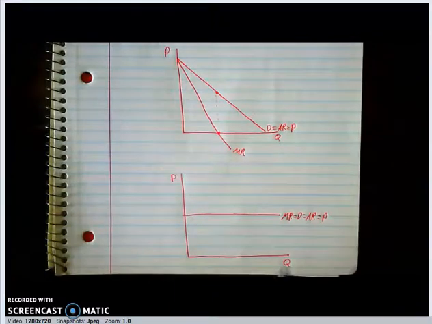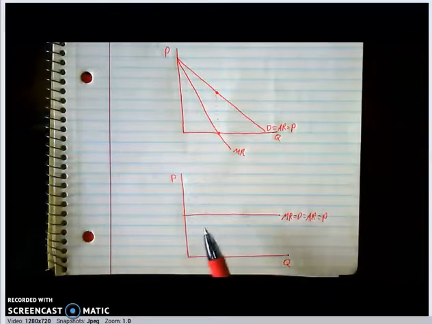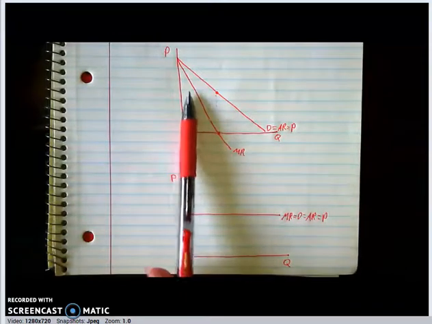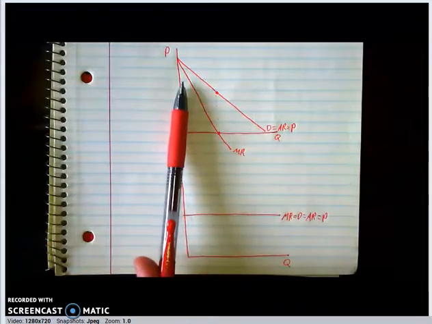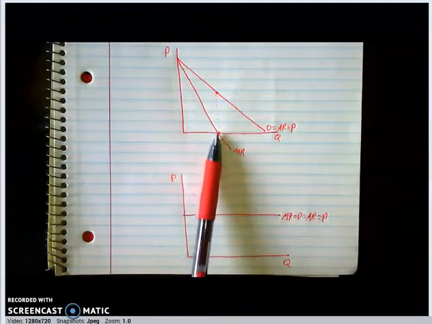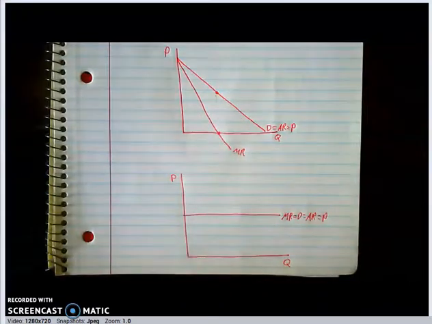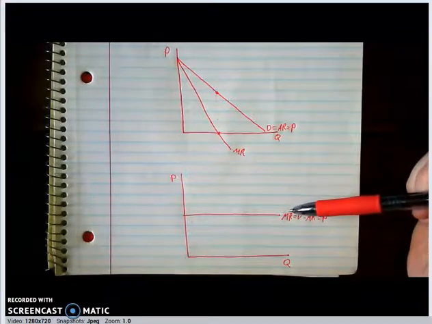So the marginal revenue, demand, average revenue, and price curves would be constant, and all these values would equal each other. So it'd be one line that's horizontal. That's not what's going on up here. Up here, demand, average revenue, and price equal each other, and they're decreasing. They do not equal marginal revenue, and marginal revenue crosses the x-axis at the midpoint of the demand curve. So that's the difference between a monopoly and a perfectly competitive firm.